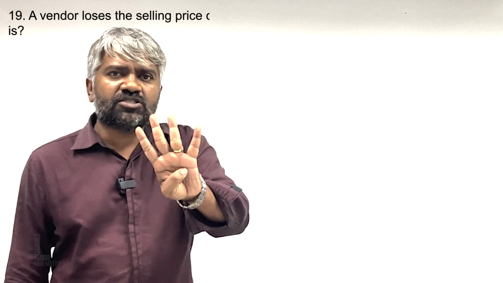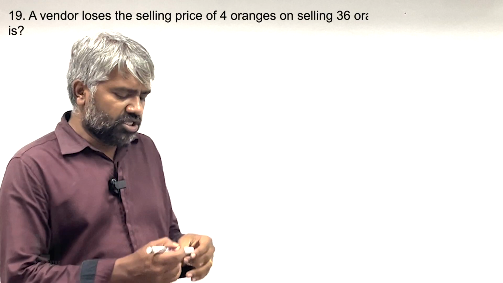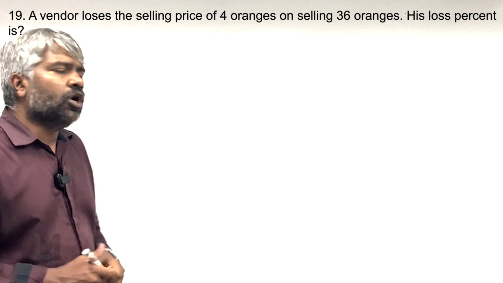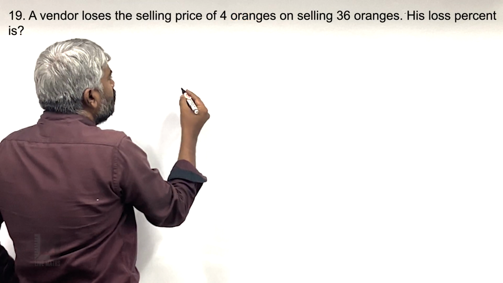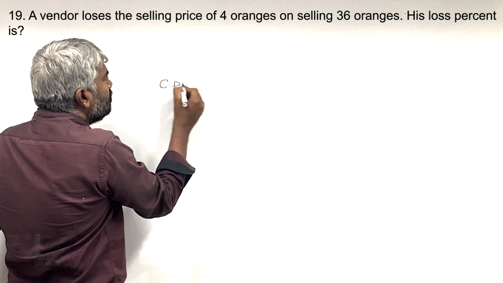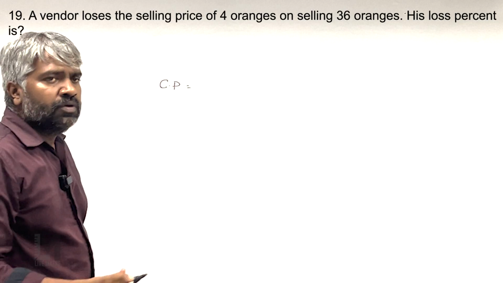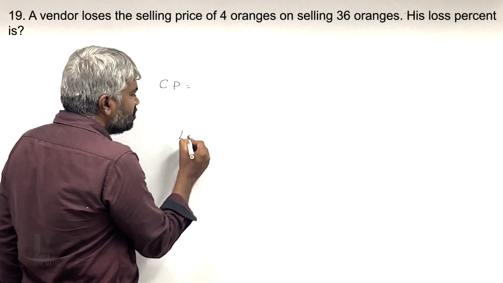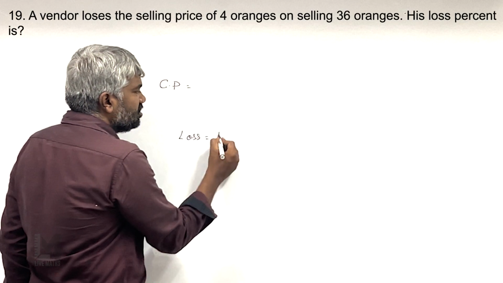Next question. A vendor faces a loss of 4 oranges while selling 36 oranges. Now we need to find the loss percentage. We don't know the cost price, but they said that the loss is 4 oranges, right?